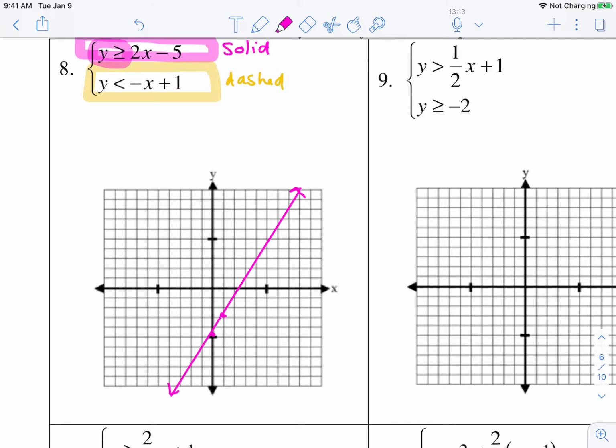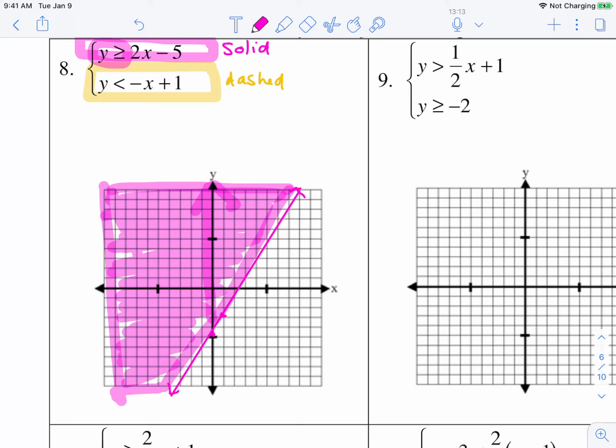So if I go to my line that I just drew, I'll go to the y-axis and I go above it, greater than, right? Then I know that these are all solutions anywhere on that arrow that I just drew. So I know that a solution to that inequality would be anything up here. So that's a shortcut. You can still test a point, but I'm giving you guys a shortcut.